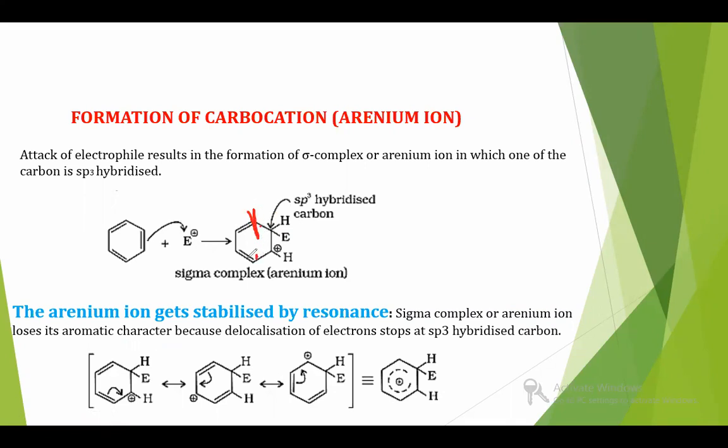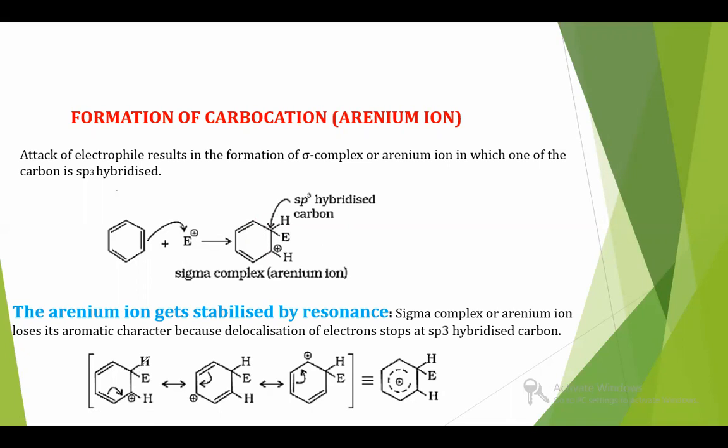Why? Because this electron can shift here, and this electron can shift here, which forms a positive charge. After that there is no pi electron on the sp3 carbon, so the pi electron can migrate. See how it is stabilized by resonance.